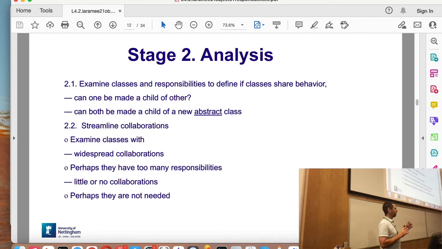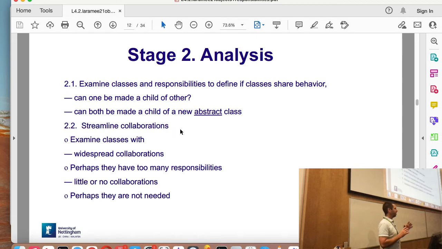Stage 2 of the overall process is analysis. We examine classes and responsibilities to define if classes share behavior. Can one be made a child of the other? That's where this class hierarchy comes in. Can both be made the child of a new abstract class? We're going to look at all of these in detail in the next 2.5 weeks.